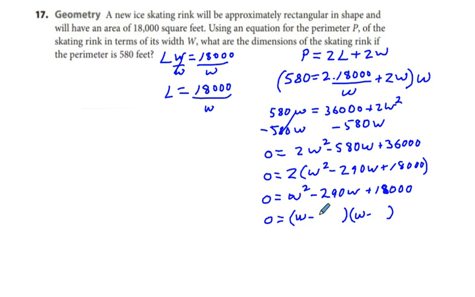So W equals 200 and W equals 90. So those are the dimensions, and they're going to be in the units of feet.